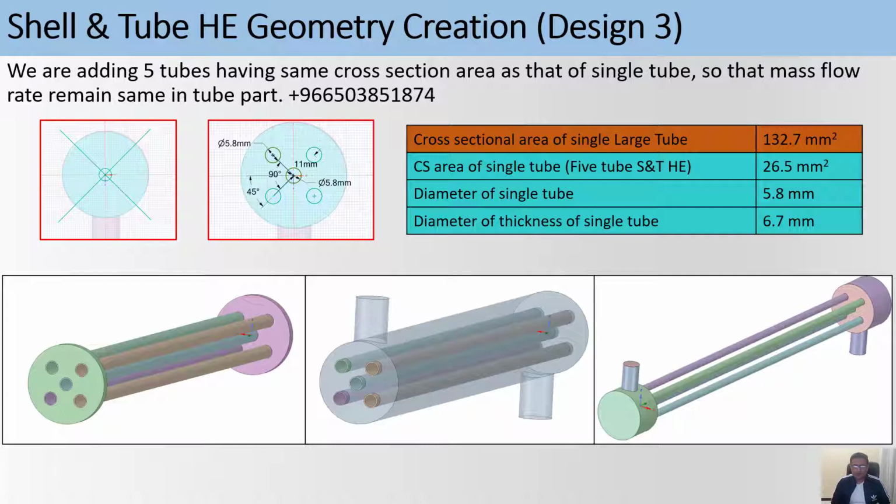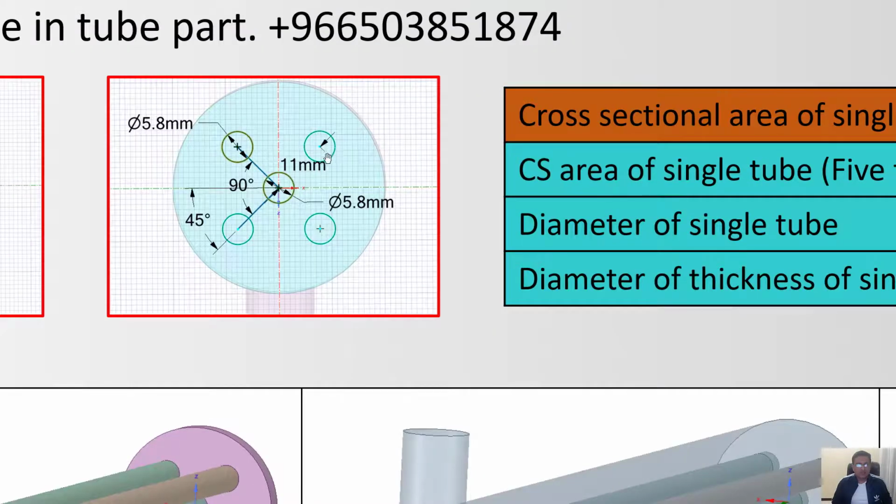As I discussed earlier, these are the dimensions for each of these 5 tubes, and the distance between these tubes is such that in the center we have 1 tube, and then these tubes are placed first at 45 degrees from the x-axis, and the subsequent 3 remaining tubes are placed at 90 degrees apart from each other.